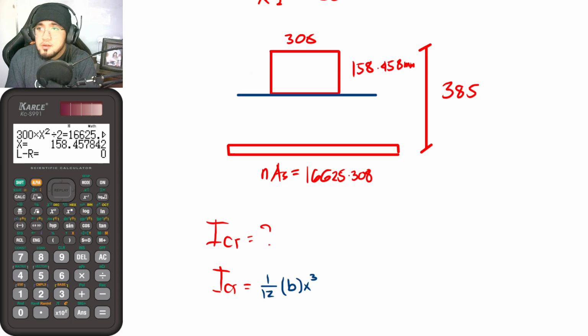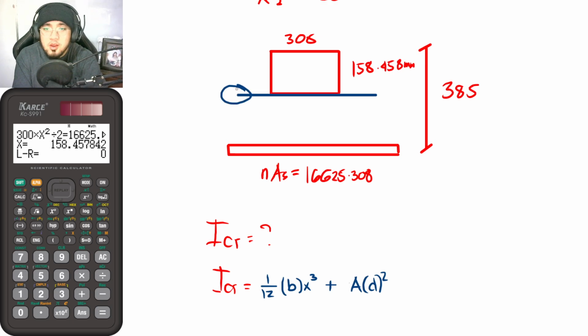From that, you must first transfer it to this location via the transfer formula, which is plus AD squared, where A is the total area and D is the distance from its centroid to the axis that you are analyzing. Once again, we should analyze our beams about the neutral axis.